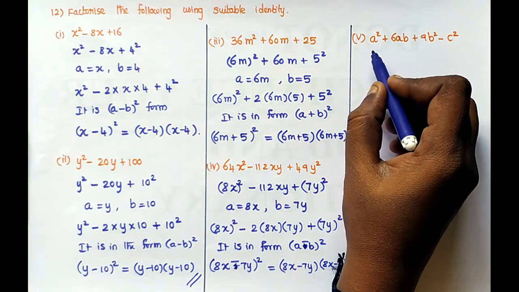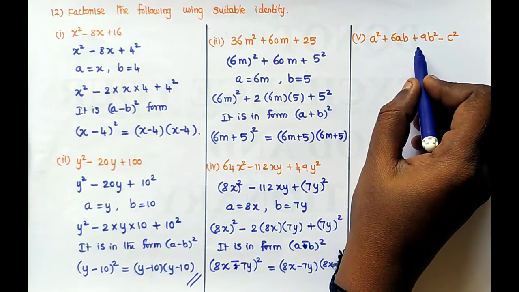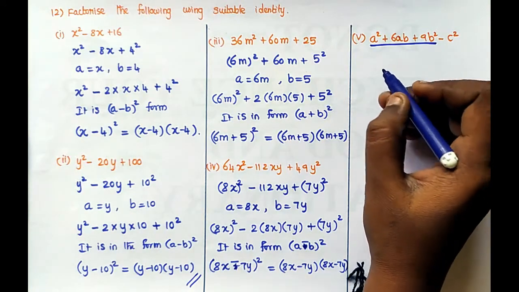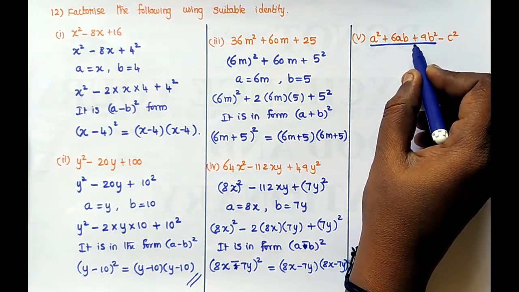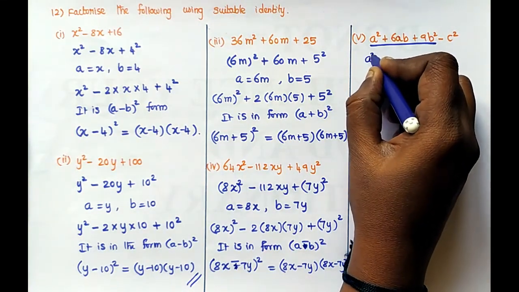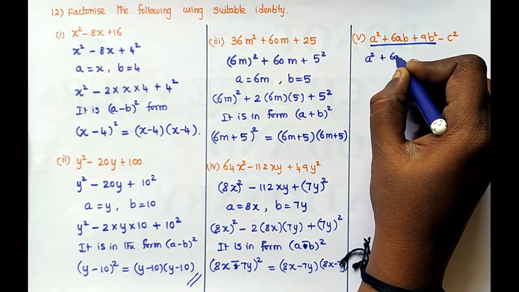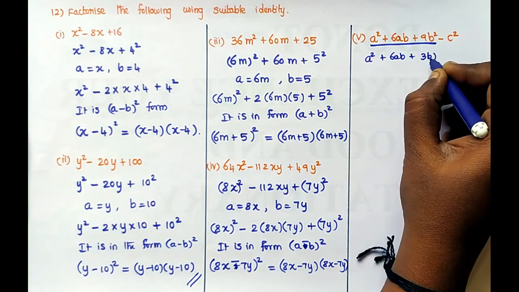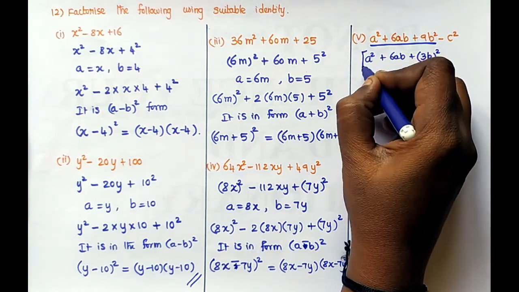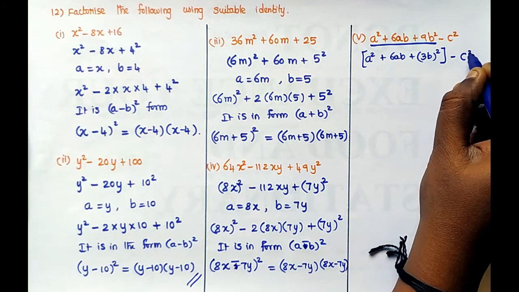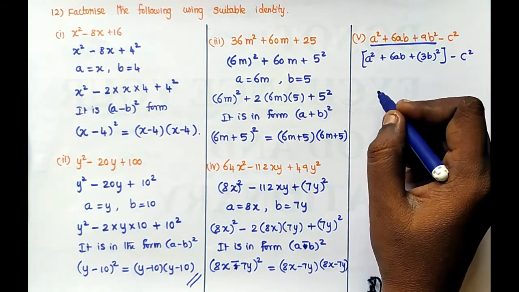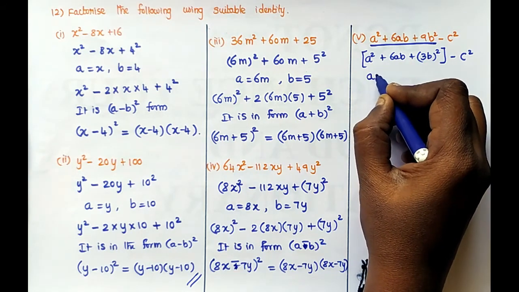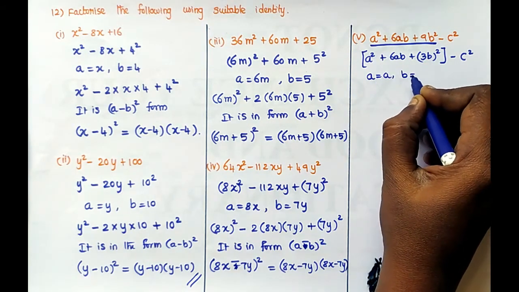Fifth subdivision, a square plus 6ab plus 9b square minus c square. First take this one, a square plus 6ab plus 9b square. How will you write that? a square plus 6ab plus 9b square, that is (3b) whole square, minus c square is there. Next, here a equal to a, b equal to 3b.